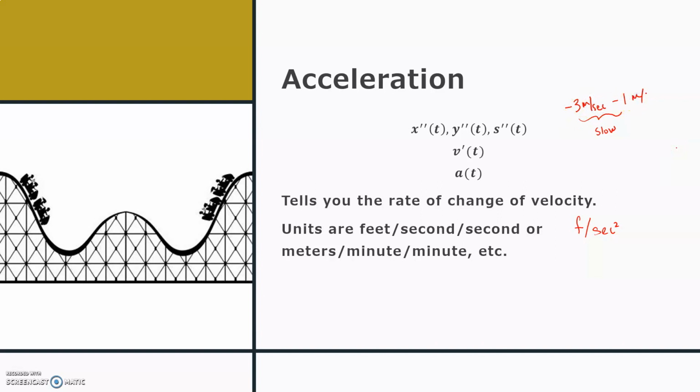This is not an acceleration, this is velocity. If your velocity changes from -3 meters per second to -1 meters per second, then your acceleration would be positive because your velocity numbers are getting bigger, but you're slowing down because you're going 3 meters per second backwards to 1 meter per second backwards. We'll do more examples with that, but I wanted to emphasize it at this point.